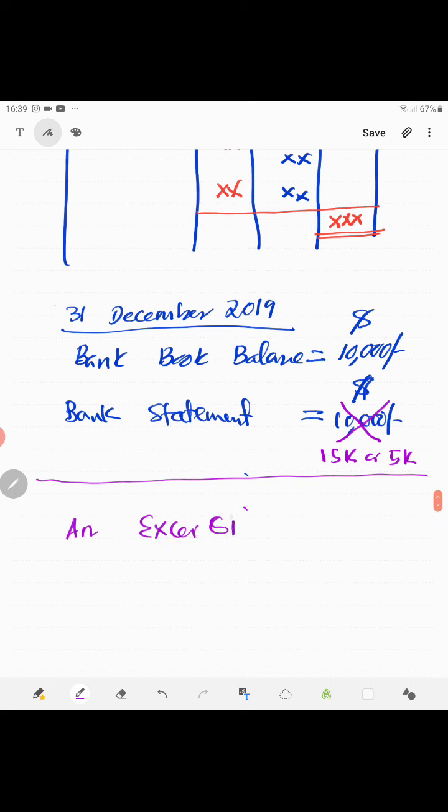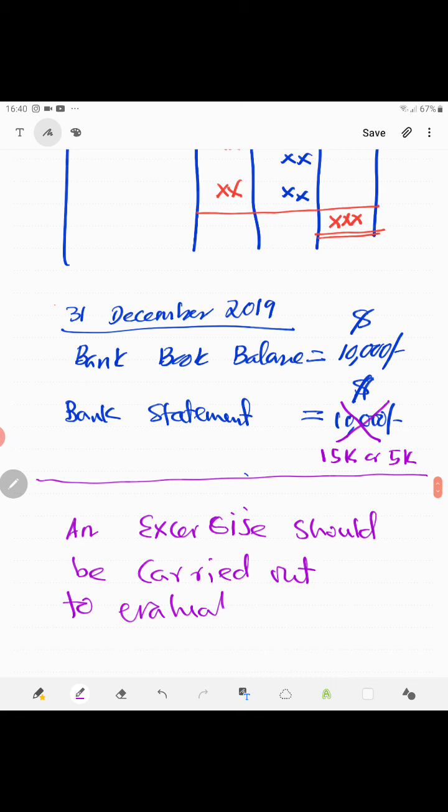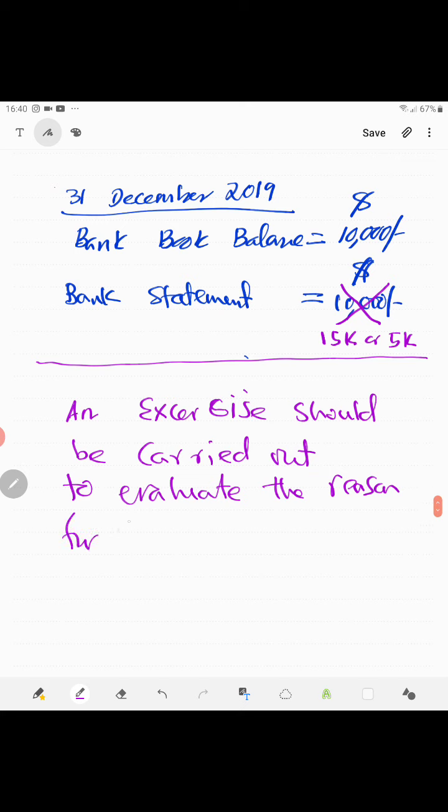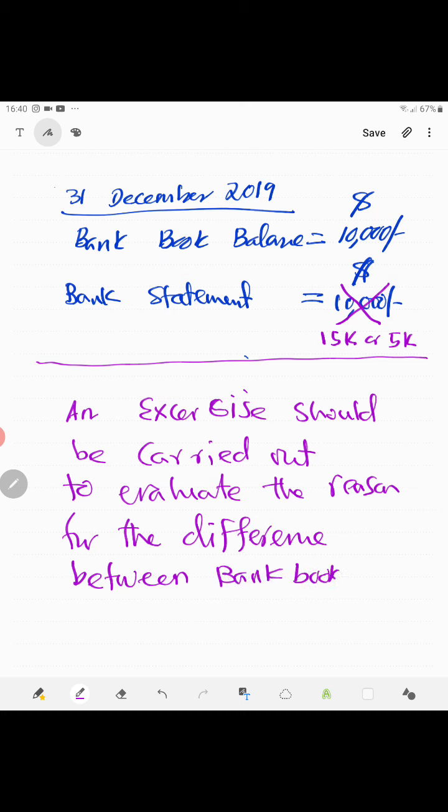An exercise should be carried out to evaluate the reason for the difference between the bank book, internal, and the bank statement, external.